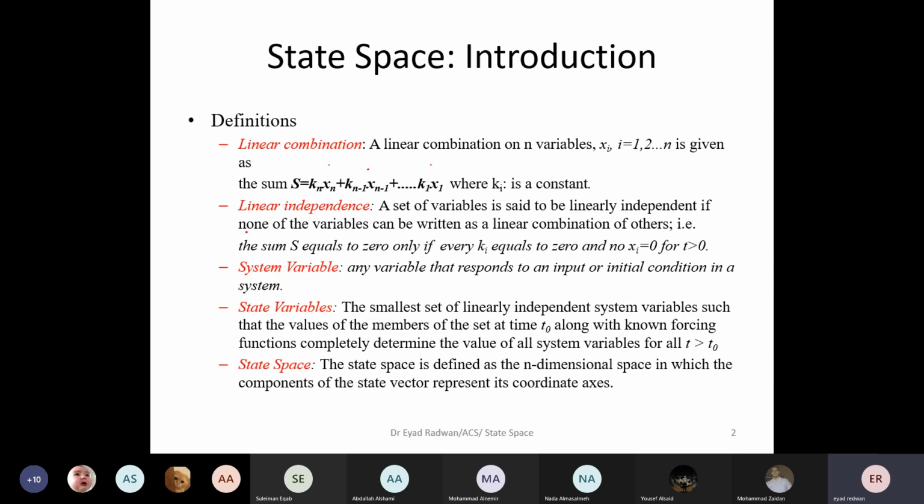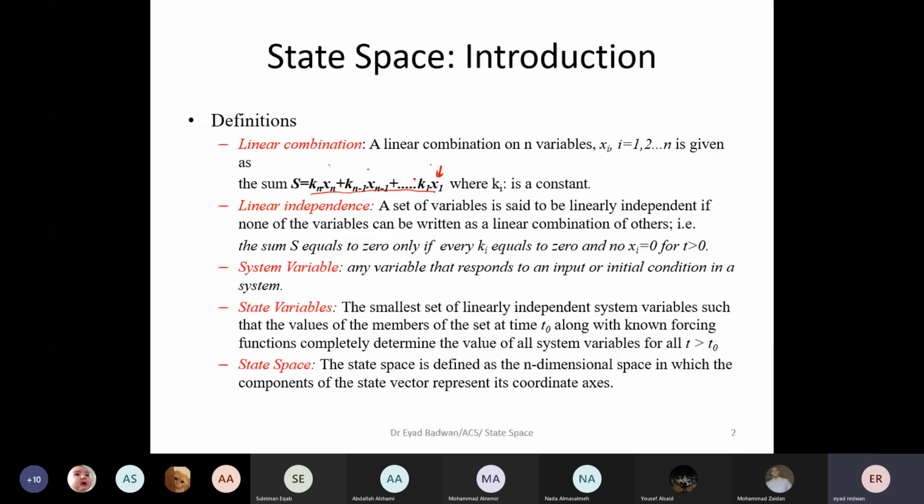Now, another definition is linear independence. Linear independence means that the variables x1, x2, and so on are independent of each other. In other words, this sum will never equal 0 unless all the k's in this equation are equal to 0.